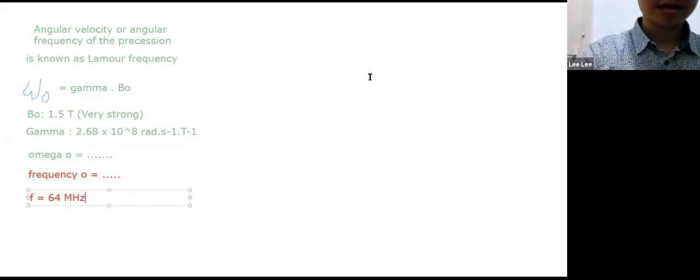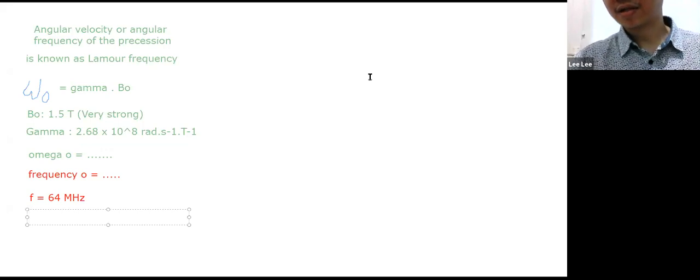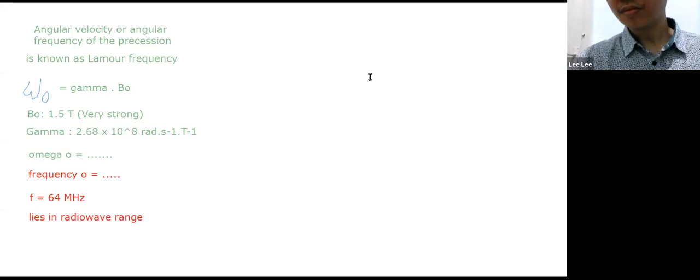And if you check this amount in the electromagnetic wave discussion, this amount lies in the radio wave. That's why in chemistry, we say the electromagnetic wave that we use is the radio wave, right?